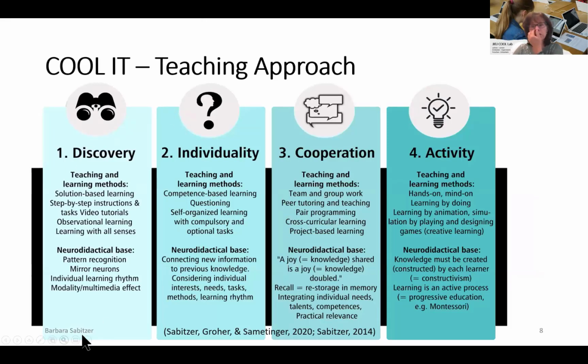The COOL IT teaching approach has been developed more or less during my habilitation, but concretely, I have been developing it since my beginning at school 20 years ago, when I started to combine my subjects, foreign languages and computer science. And so this concept is on the one hand based on research, certainly on neurodidactics or how the brain learns and effective teaching methods.